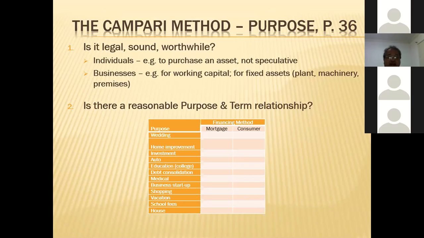That's sound, that's worthwhile. But if the person doesn't really need the clothes and just wants $5,000, $10,000 to go on a shopping spree, you should ask them to really reconsider.